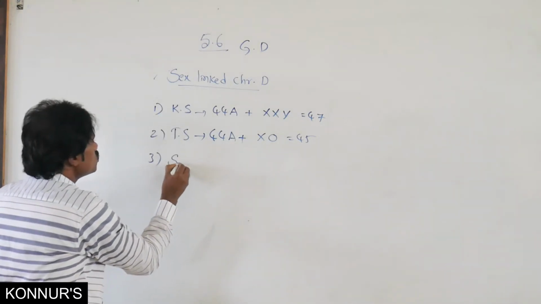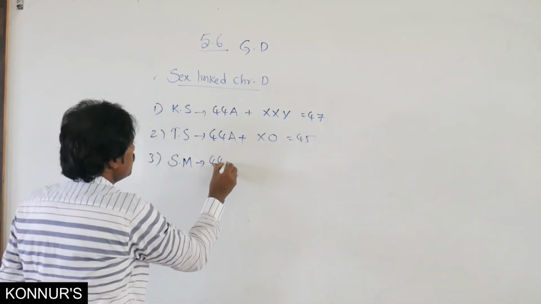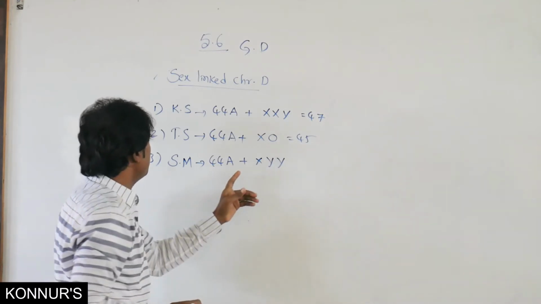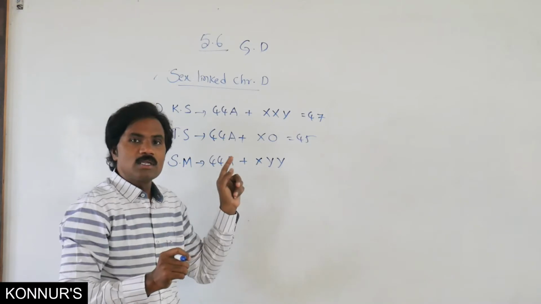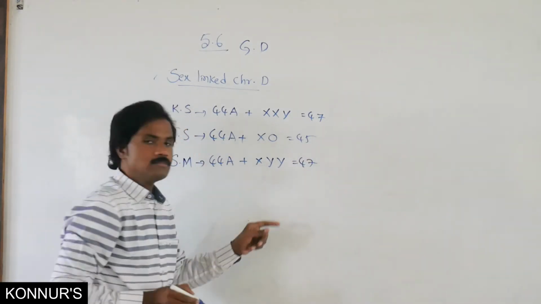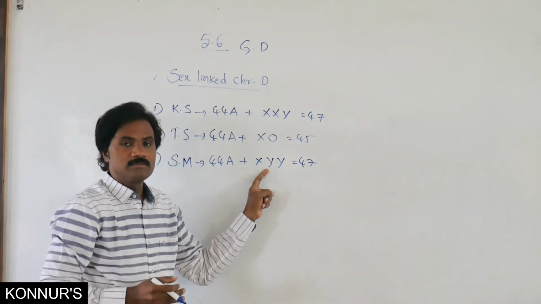Then super male. In this one, 44 autosomes plus XYY. This is related to trisomy. The number of chromosomes is 47, because of the addition of one Y chromosome.